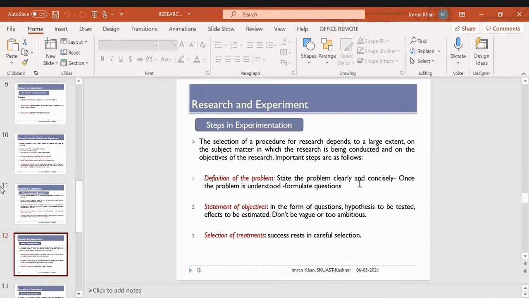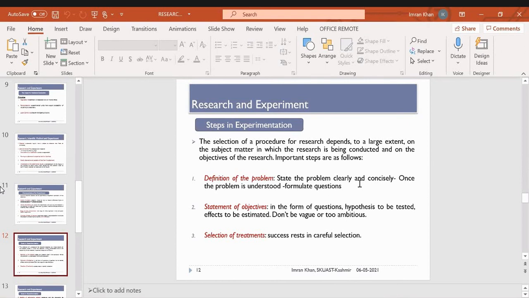Once the problem is understood, you need to formulate the questions. As I said, in your research the first part is that you start with your objectives. By objectives, we mean you formulate your question and clearly state your objectives. They should not be vague.